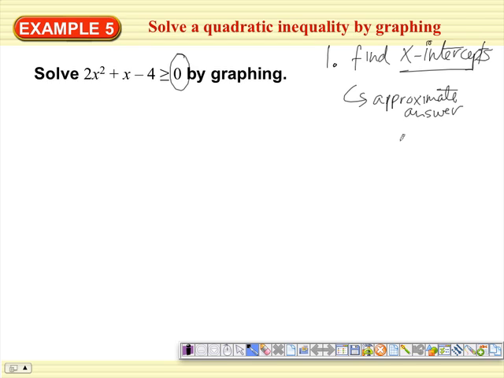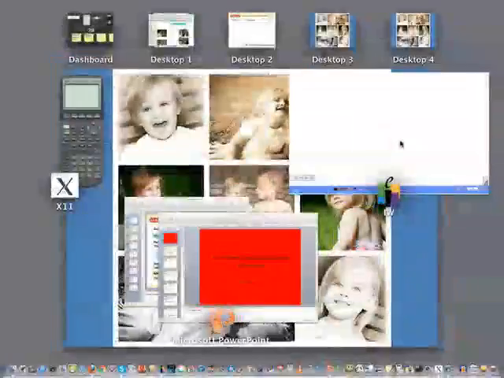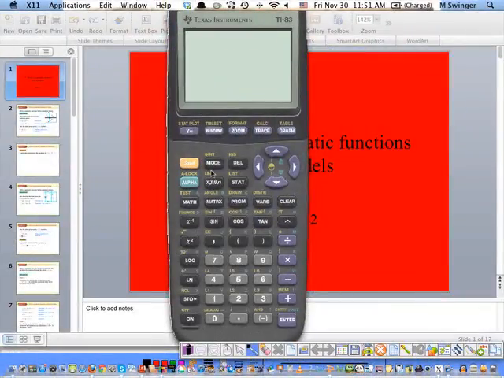Put that quadratic 2x squared plus x minus 4 in your calculator. Go for it. 2x squared plus x minus 4. I'll put it in mine as well. 2x squared plus x minus 4.